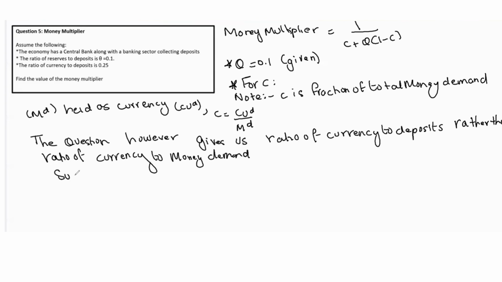So we will first find c. Just keep in mind 0.25 is not the c in this particular formula, where the money multiplier is 1 by c plus theta (1 minus c). In this formula, theta represents the reserve deposit ratio and c represents what fraction of total money demand is held as currency, not the currency to deposit ratio. So if we're given the currency to deposit ratio, we will have to find c. Let's see how we will do that.